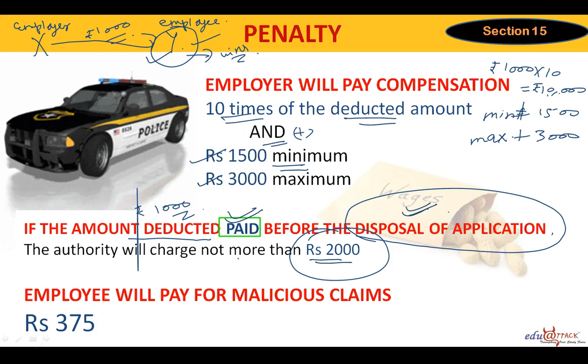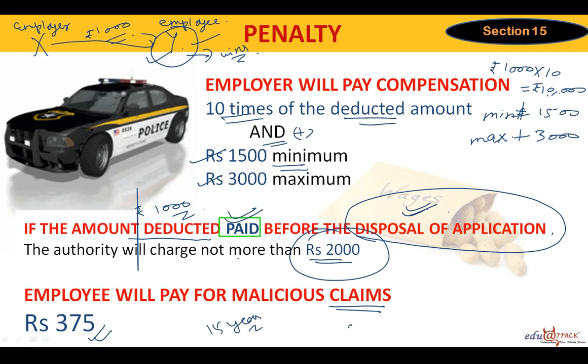Now the last fine is that the employee will pay for malicious claims. If the employee is claiming undue claims from the employer, then in that case the employee will pay 375 rupees as fine. Now it shall be noted that any employee who is under the age of 15 years will not pay any kind of fine to any employer or any authority.